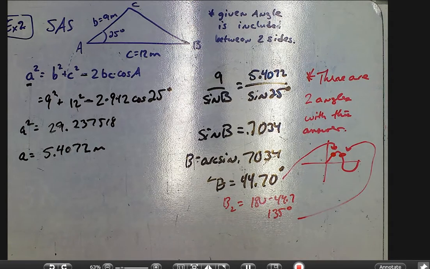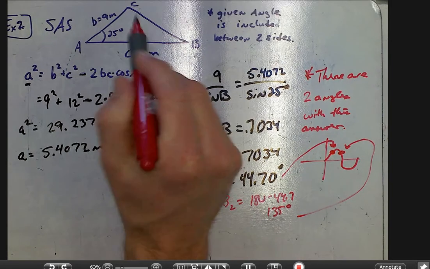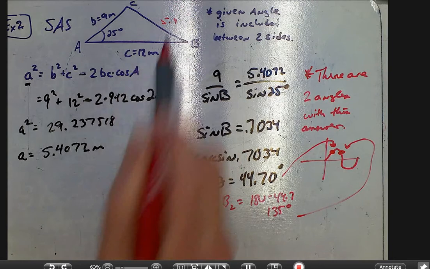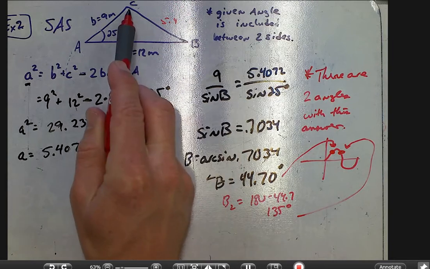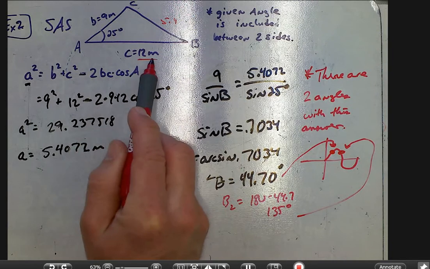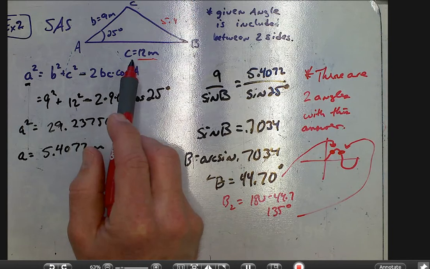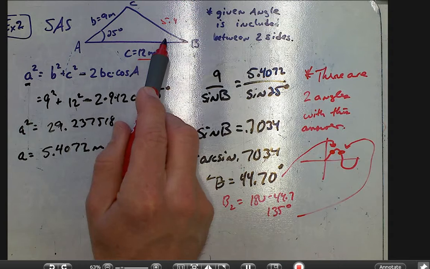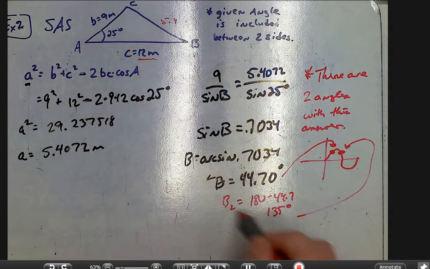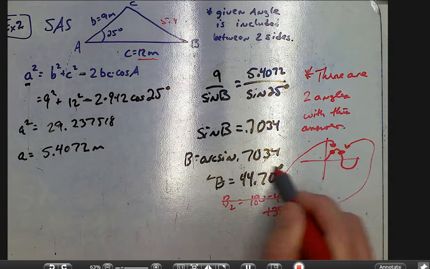Well, since I know, back to the original triangle, this is 5.4, that angle C has to be the largest angle because it's opposite the biggest side. That means the angle B we just found has to be less than 90. Therefore, it's not this one, and it's the 44.7.